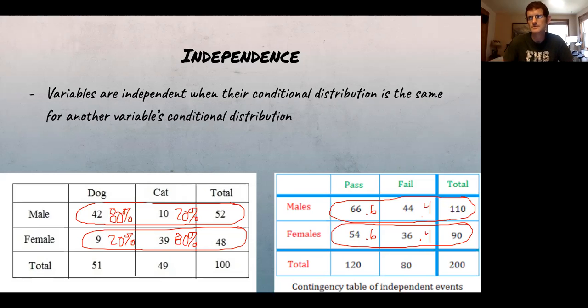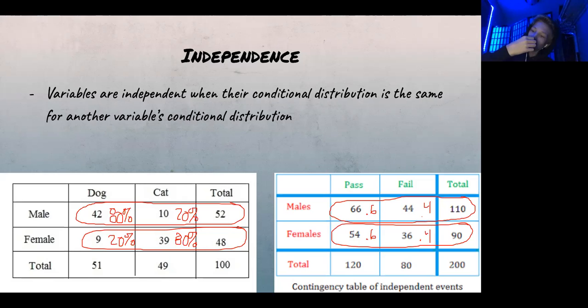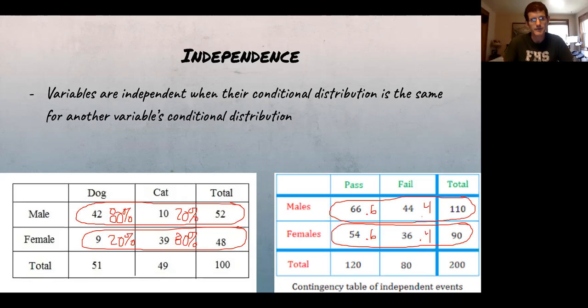A dog, right? And then if I were to pick a female, I would guess cat. Now I compare that to the right, where no matter whether it's male or female, that doesn't change the mental analysis I do. They both have a 60% chance of passing. There's no difference between them by gender.